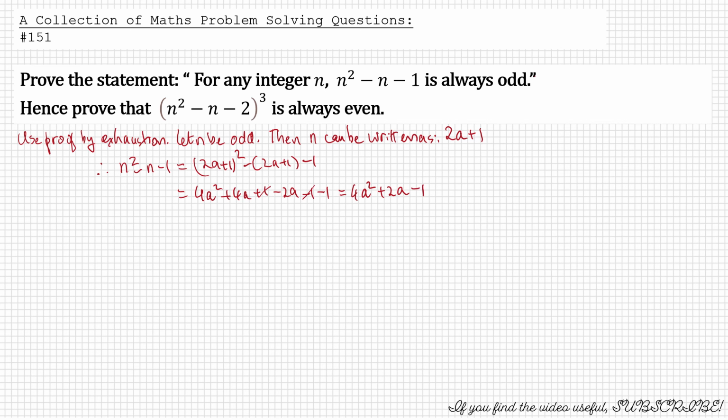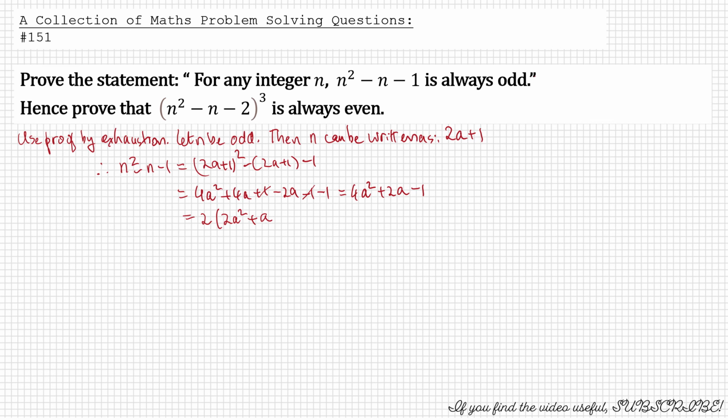We are left with minus 1. So if you were to take 2 outside the bracket, because we have to prove that it is odd. To prove the oddity, we first have to say it's a multiple of 2 and add 1. It'll be 2 times 2a square plus a. That would give you 4a square plus 2a, yes.